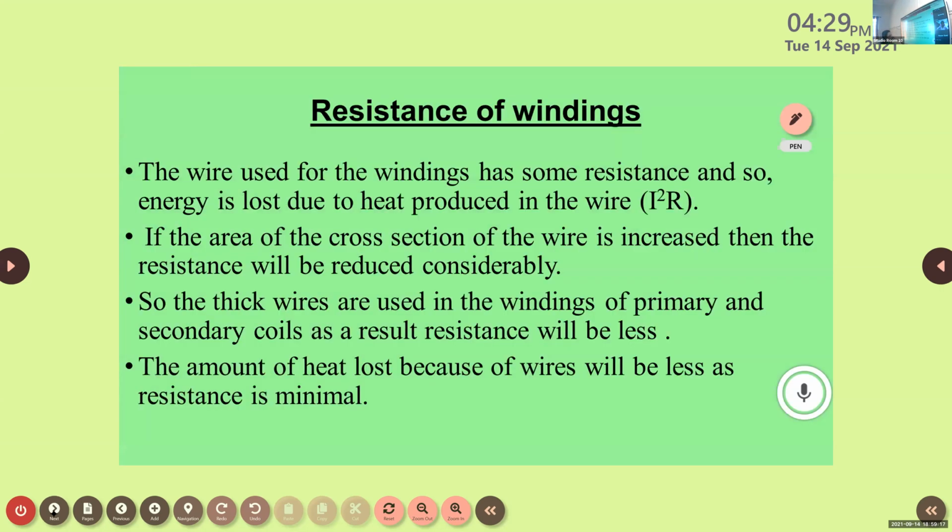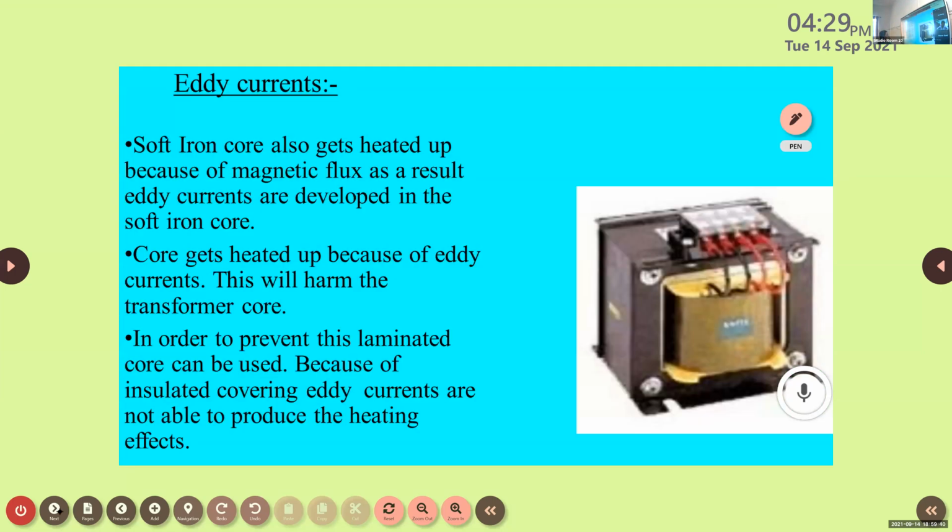Another energy loss that occurs in the transformer is mainly due to resistance of windings. Next energy loss is in the form of eddy currents.